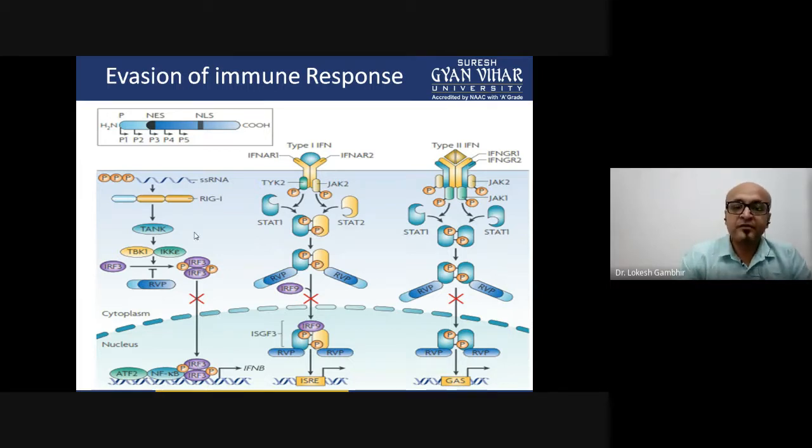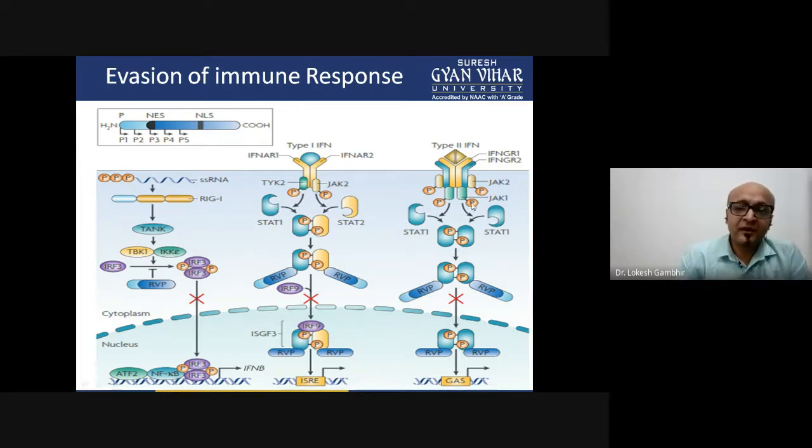Once the interferons are released, they bind to their own receptor by autocrine signaling, and by paracrine signaling they maintain the antiviral state. Once the interferon binds to its receptor, it initiates the tyrosine kinase and JAK pathway, which further activates the dimerization of STAT transcription factor, and that STAT protein goes and binds to the interferon synthesis genes, leading to the synthesis of multiple interferons and antiviral proteins.